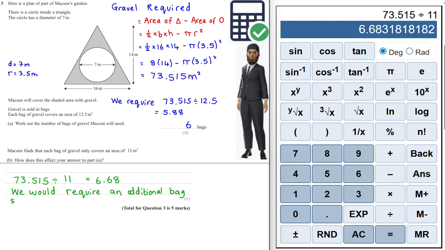So to gravel the surface, we require 7 bags. Hopefully you benefit from this.